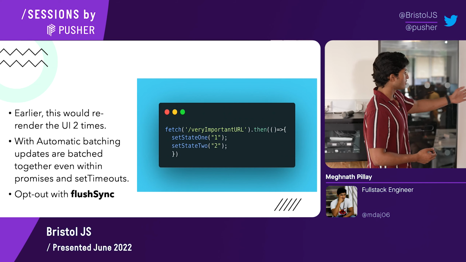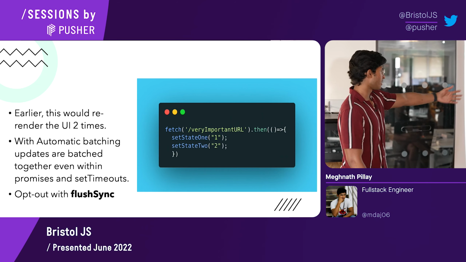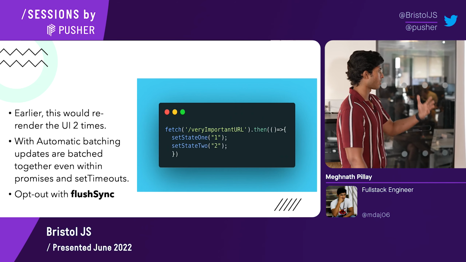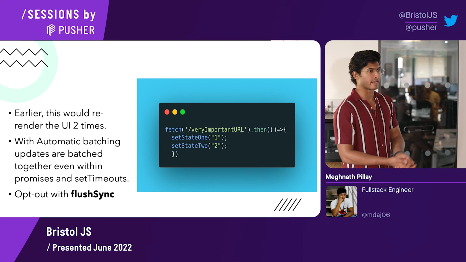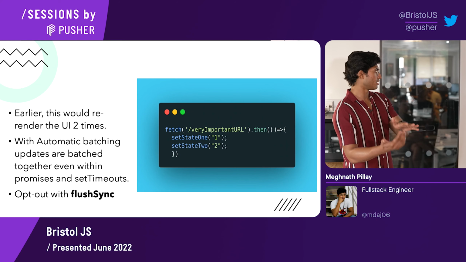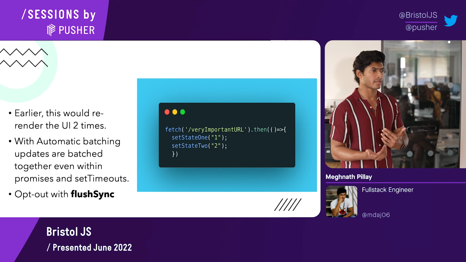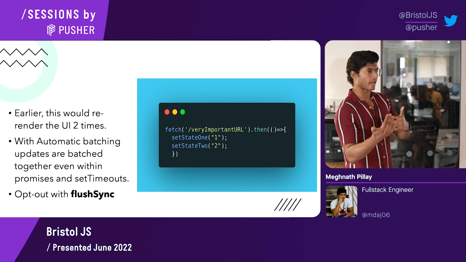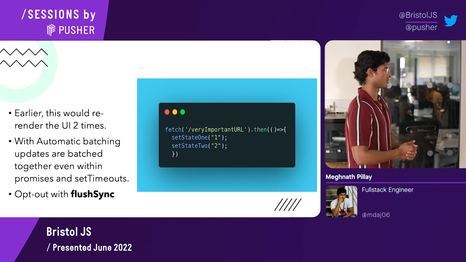So earlier, these two set states inside a fetch would re-render the UI twice because you're doing an update to state first, then an update to state again. Now these are batched together such that it happens together. React makes a list of all the changes it has to make, goes to the microtask queue, and then updates this in a batch. So hence automatic batching.